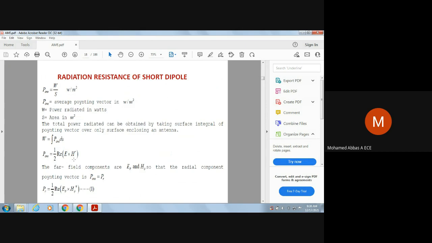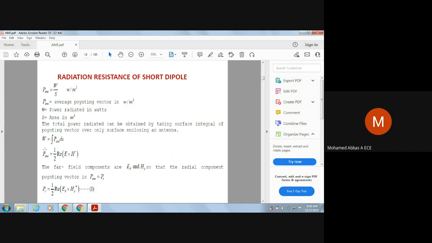So already we have calculated only one component present for the magnetic field, H phi, and we have two components, E theta and Er, for the electric field, right? So the field components are now E theta and H phi, and we are considering the radial component of the Poynting vector, so P average is equal to Pr.